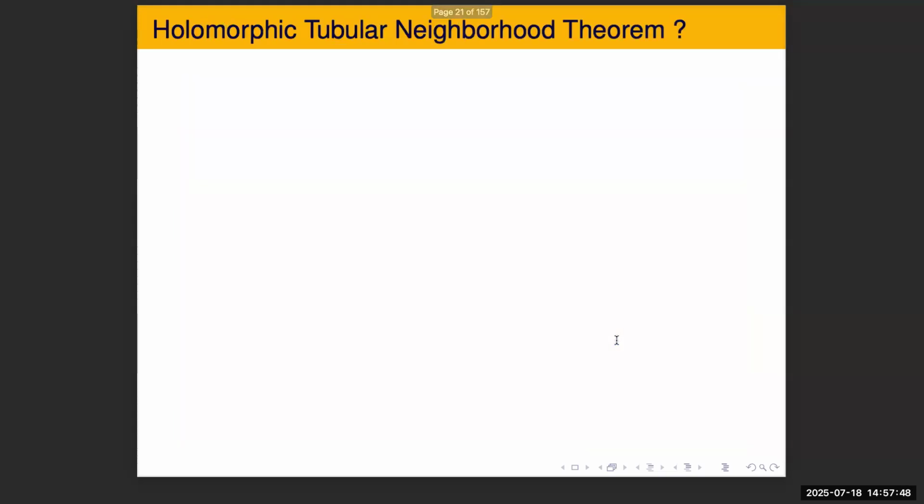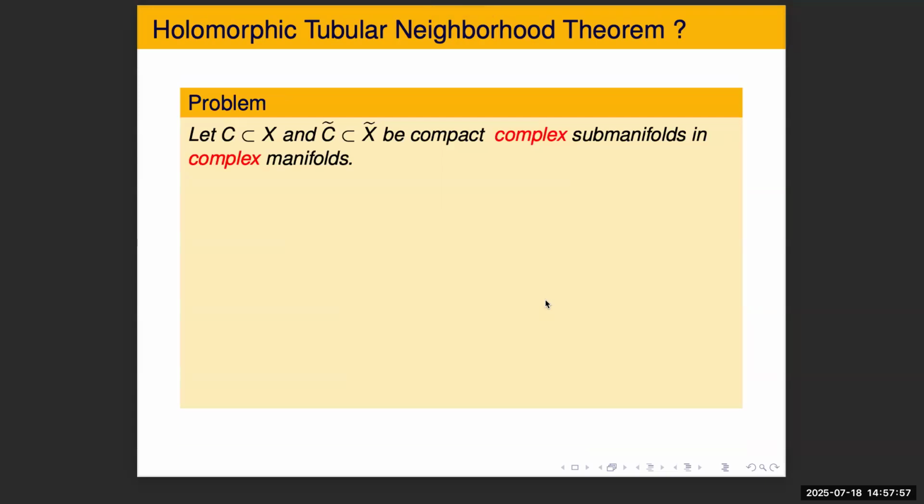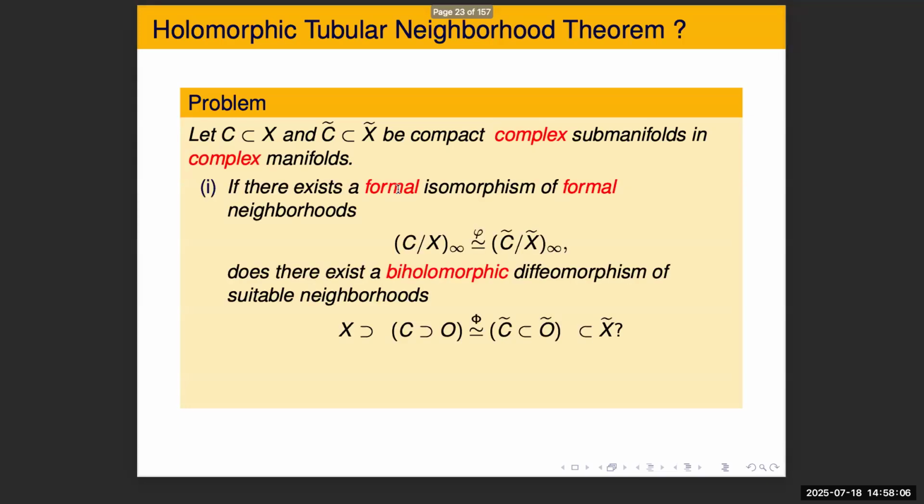So the correct formulation of the holomorphic tubular neighborhood theorem is something like the following. You have a compact complex submanifold C in X and C tilde in X tilde. Now let's assume there exists a formal isomorphism of formal neighborhoods. Then one asks whether there exists a biholomorphic diffeomorphism of a suitable Euclidean neighborhood. That is the correct question of the holomorphic tubular neighborhood theorem.